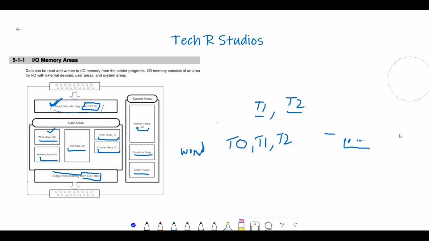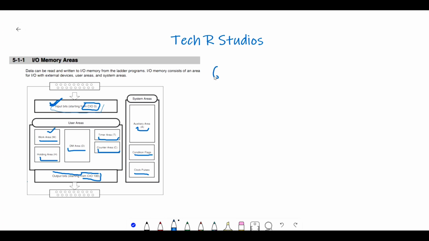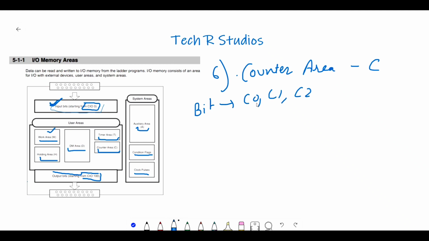So next one is the counter area, which is used for counters. Number 6, I think. The counter area is represented by C. Similar to the timer area, it can be used in bit format like C0, C1, C2. C0 is for counter number 0, C1 for counter number 1, C2 for counter number 2.